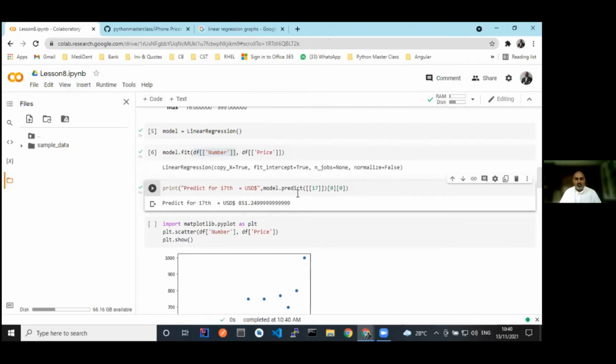So this one we can actually format. How do we do that? Is to format.